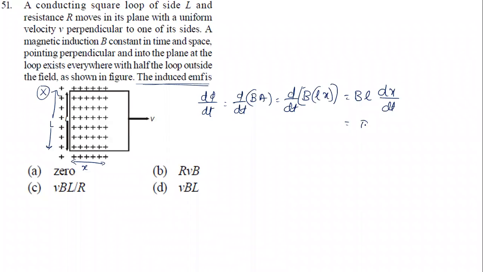That is d phi by dt, and dx by dt is v. So it will be B L v. D is the right answer. Okay, so the question is clear.